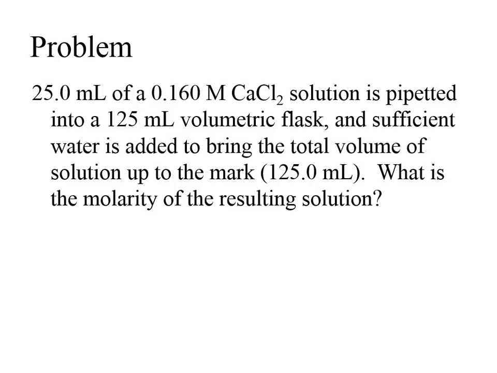Over here with the stock, I go ahead and say what it is: 0.160 molar calcium chloride, 25.0 milliliters, is pipetted into another volumetric flask. I know my volumetric flasks look terrible, but the volumetric flask has a capacity of 125 milliliters. So this is going to be my diluted.